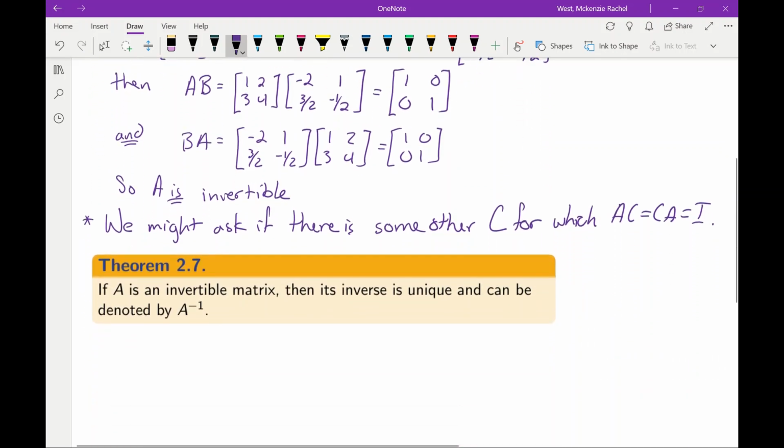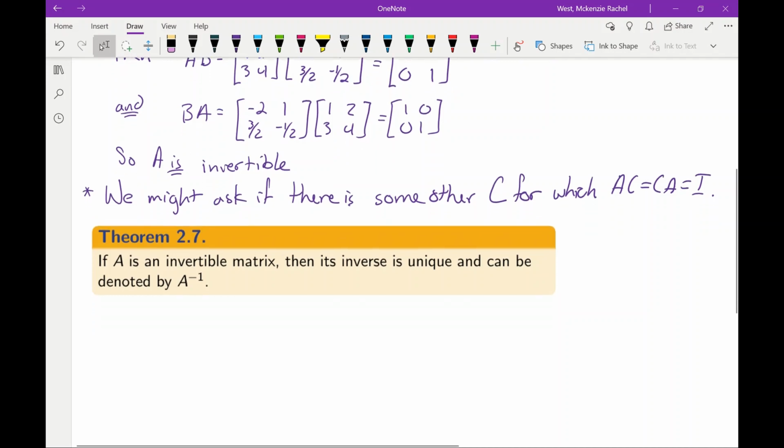Now here we scroll down, theorem 2.7 says if A is invertible, then its inverse is unique. So theorem 2.7 says that there's not a different C. C is actually equal to B. So let's go ahead and see if we can verify that. Let's assume A times B equals B times A equals the identity like we had above.